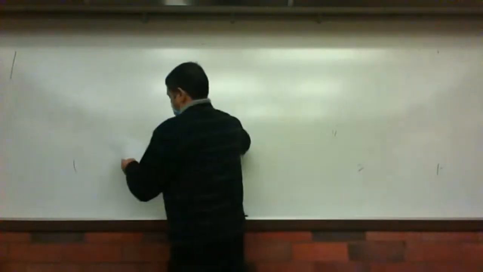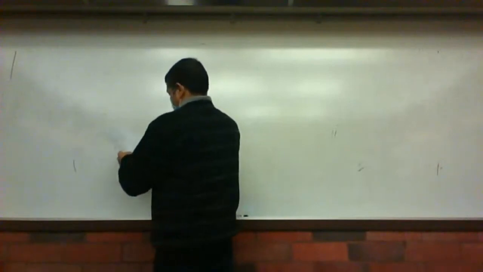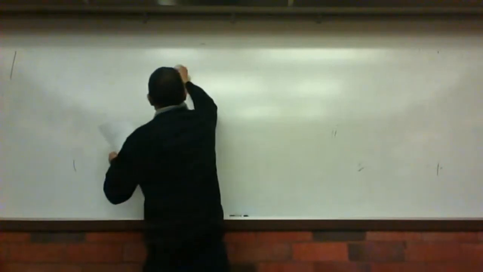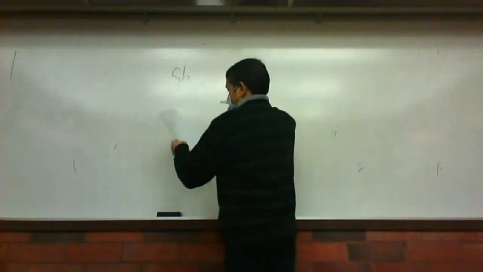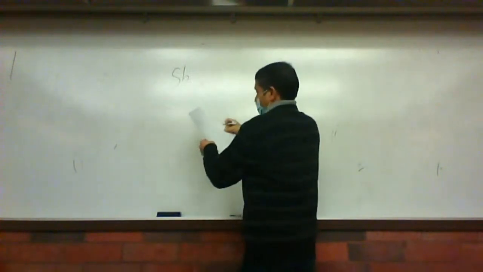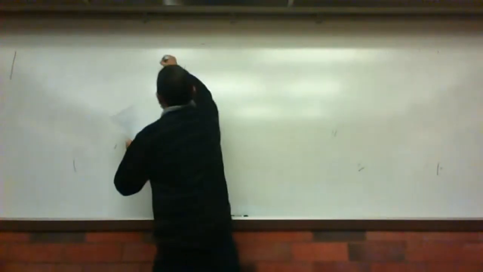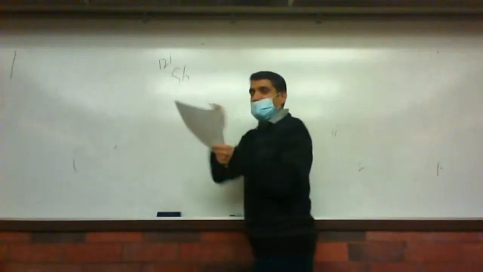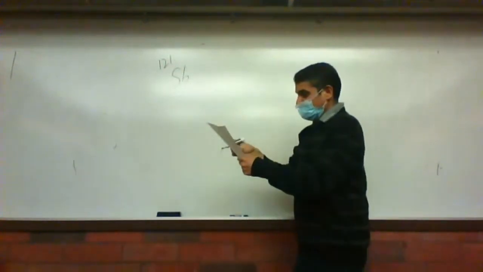So in slide number 8, it is giving a problem. The problem says, I have an Sb atom, so it is antimony. One antimony is a 121 type, meaning that protons and neutrons total 121.